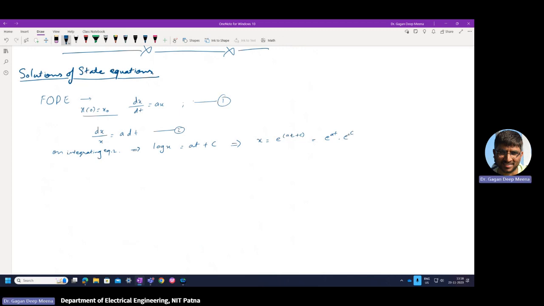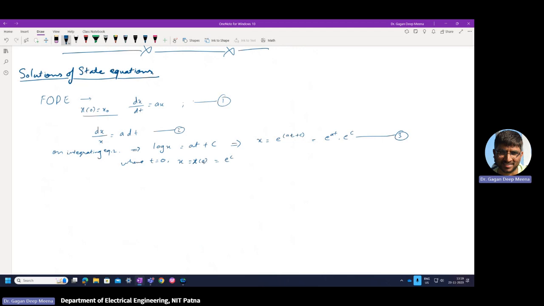Now we have an initial condition, which says that at t equals 0, from equation number 3, x equals e to the power c.